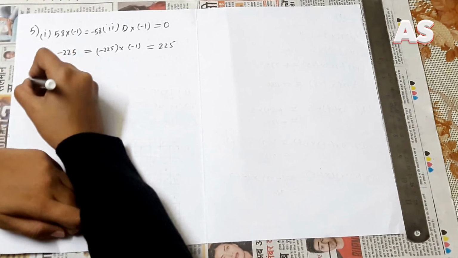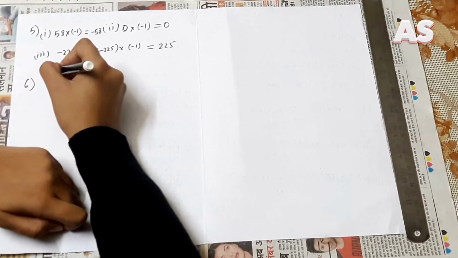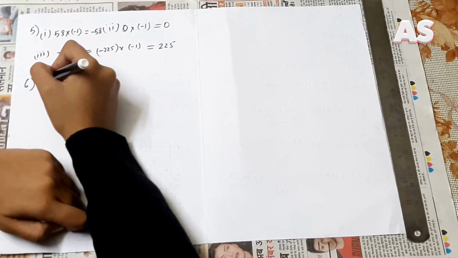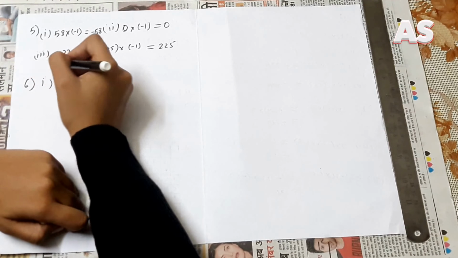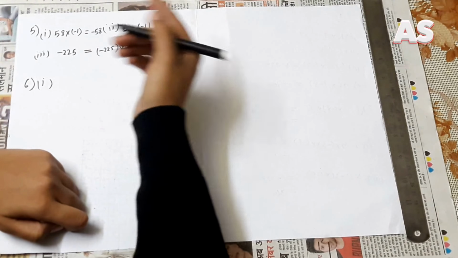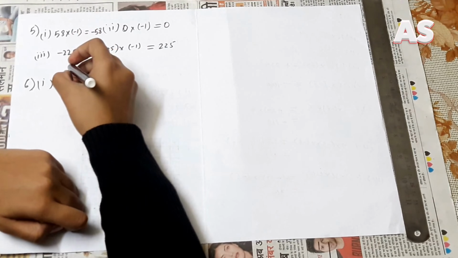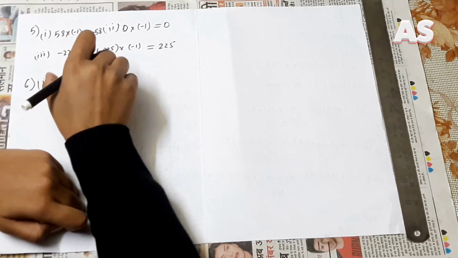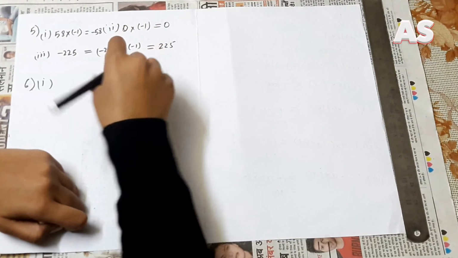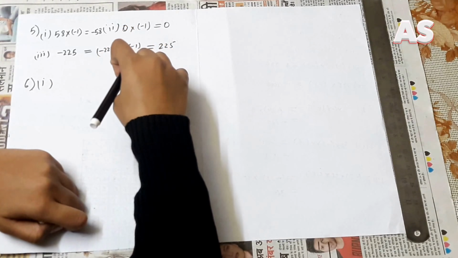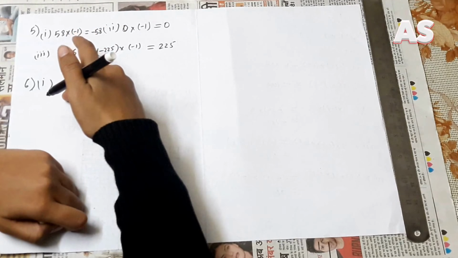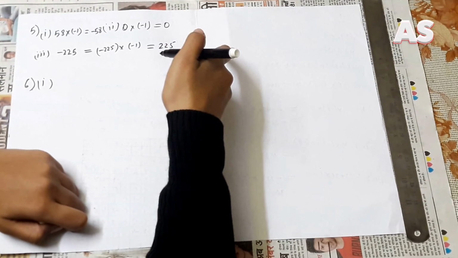Now the sixth question, which asks what will be the sign of the product if we multiply together. The first part is 8 negative integers and 1 positive integer. So as the fact says, if you multiply only negative integers an even number of times, the product you get would be a positive integer, and if an odd number of times, it would be a negative integer.